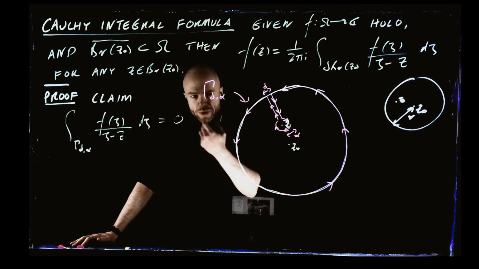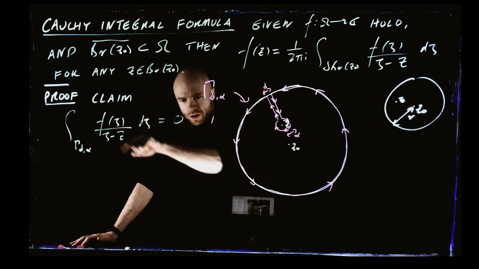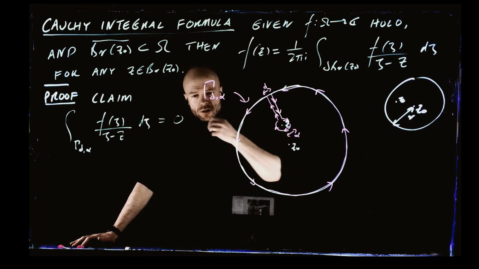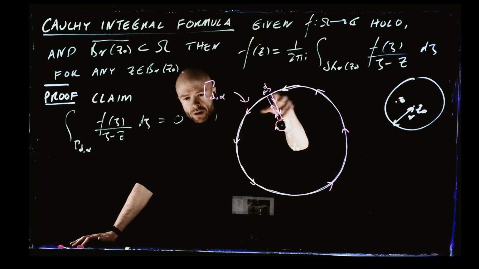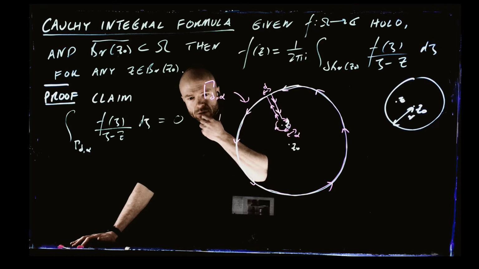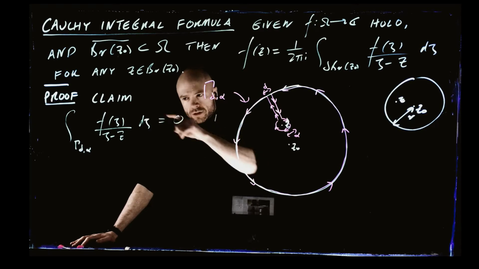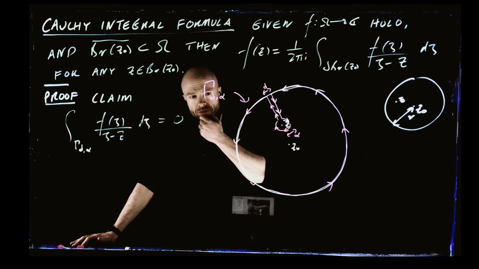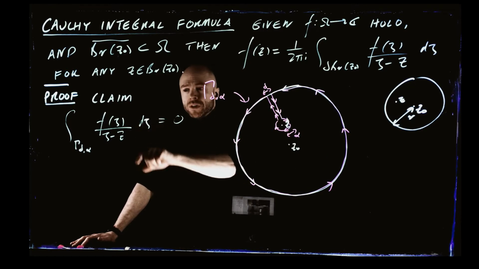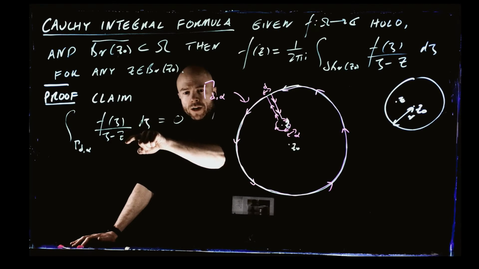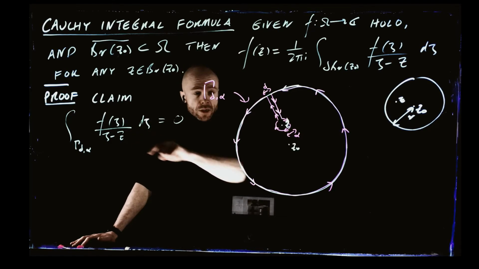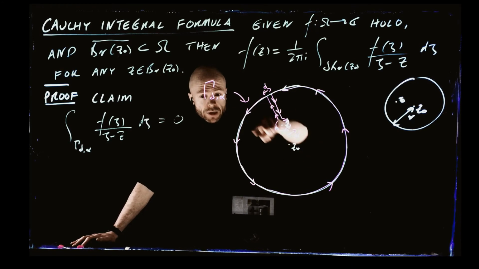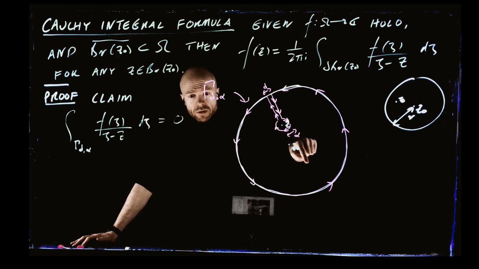It would mess things up if this function failed to be holomorphic on the closure of the interior of this keyhole. Is that the case? No, because the only problem we have is when zeta is equal to z. Then we have a singularity. But this keyhole avoids that, right? So on the interior of this keyhole and on the boundary of this keyhole, it's analytic.